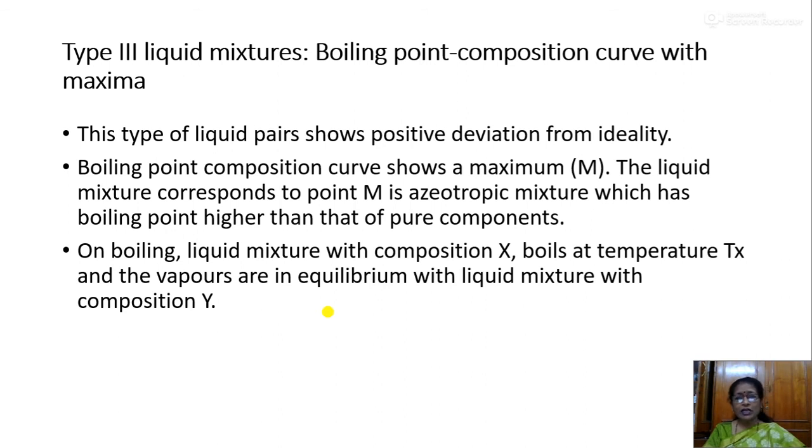The liquid mixture corresponding to point M is azeotropic mixture which has boiling point higher than that of the pure components. On boiling, liquid mixture with the composition X boils at temperature Tx and the vapors are in equilibrium with liquid mixture with the composition Y.